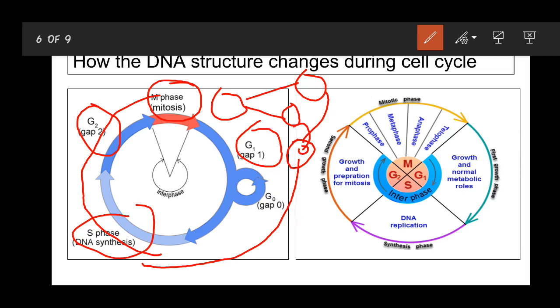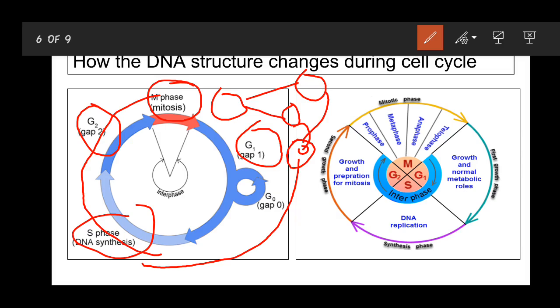If you take the 4 events in the cell cycle, division happens only in the M phase, and in the rest of the 3 phases, G1, S and G2, the cell is growing. Because it is divided into 3 distinct phases, different types of growth occur in different phases, which we'll discuss in the coming parts.